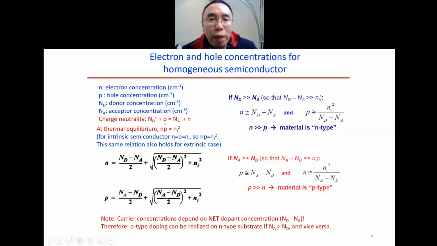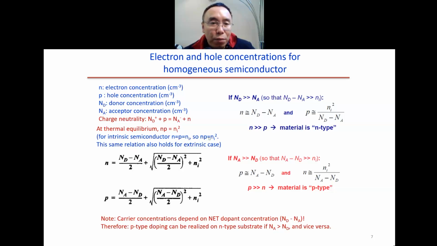So we have two unknowns. We know ND and NA, but we do not know P and N. So we need another equation. For the intrinsic semiconductor, the carrier concentration is Ni, which equals P and equals N. So we have NP equals Ni squared.